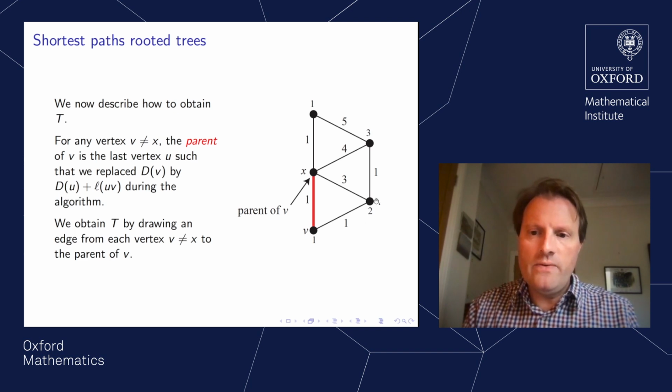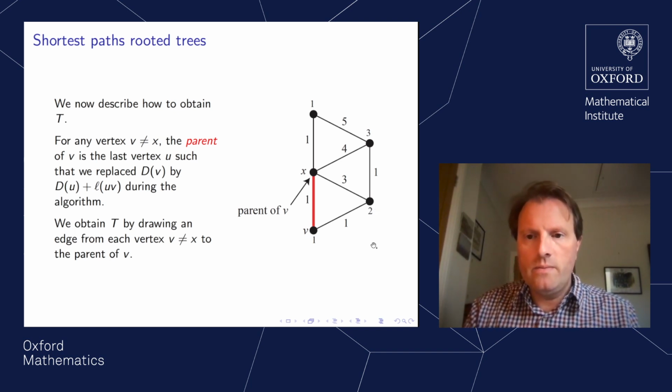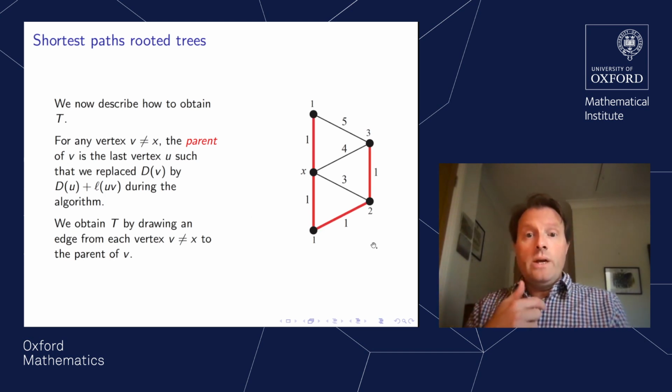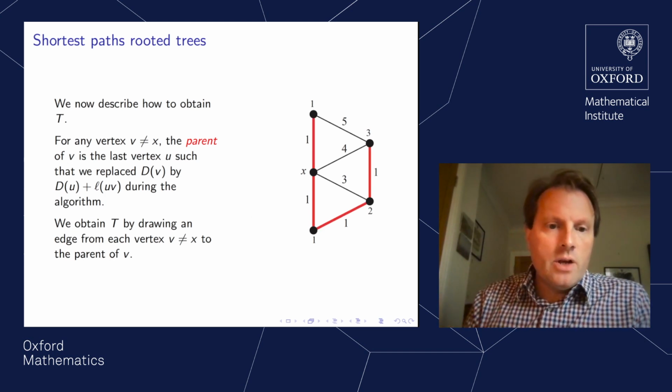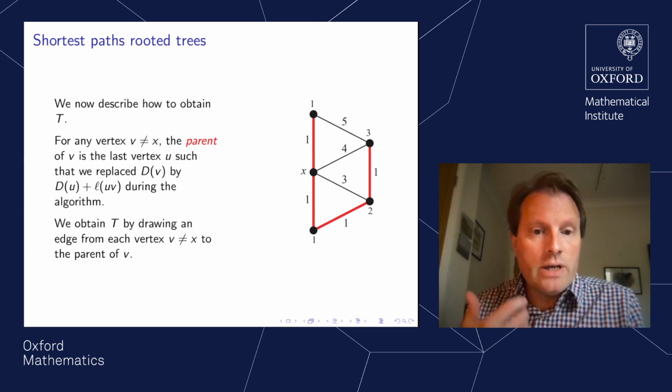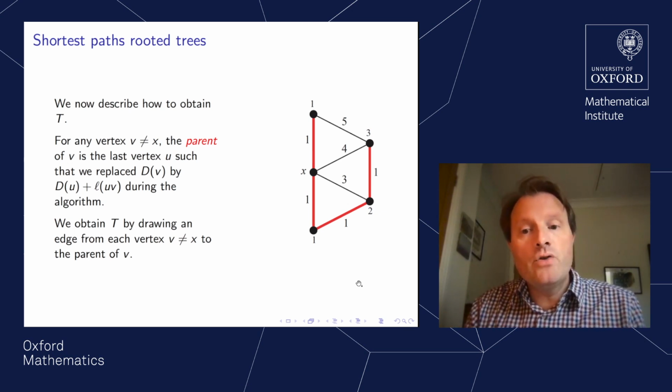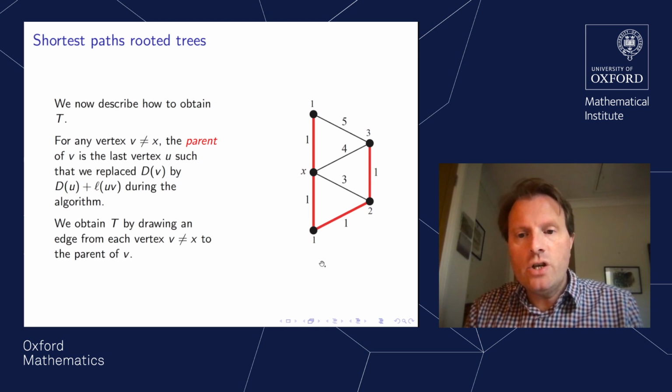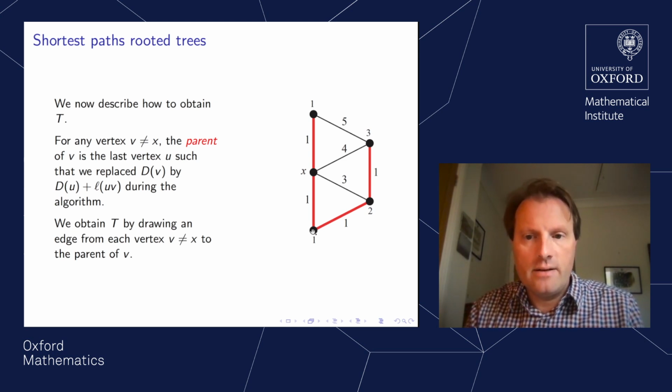The parent of this vertex here is this vertex v, and so on. And so what we do is we create our tree. We obtain our tree T by drawing an edge from each vertex v other than x to its parent.